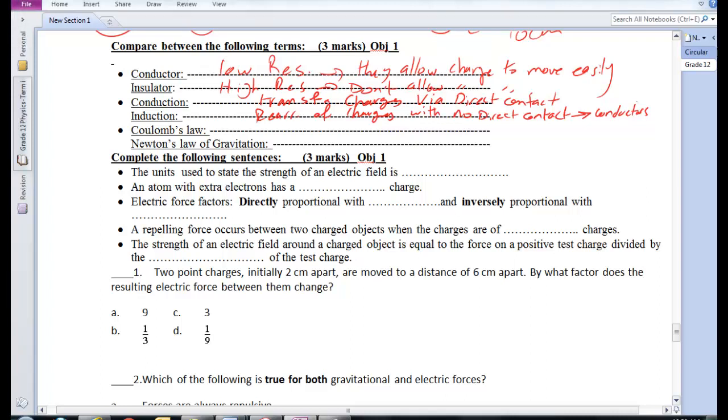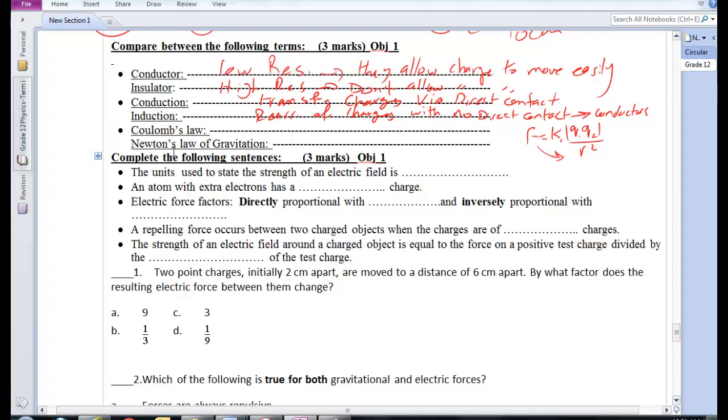Coulomb's law. You can easily write Coulomb's law as F equals Kc Q1 Q2 over R squared, and you can say that Coulomb's law states that F is directly proportional to Q1 and Q2, or the value of charge, and inversely proportional to the square of the distance.